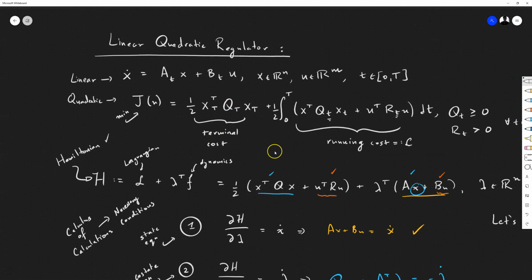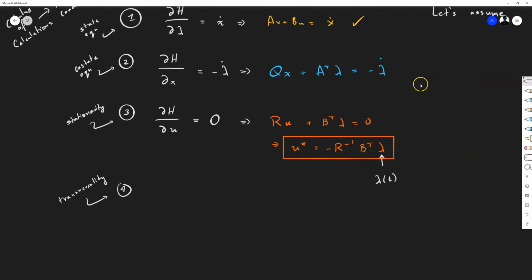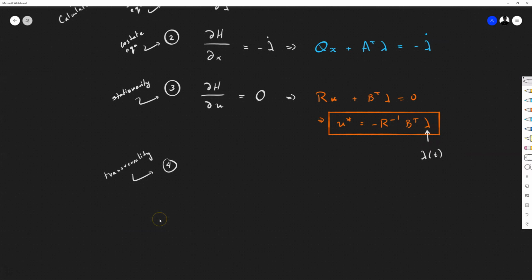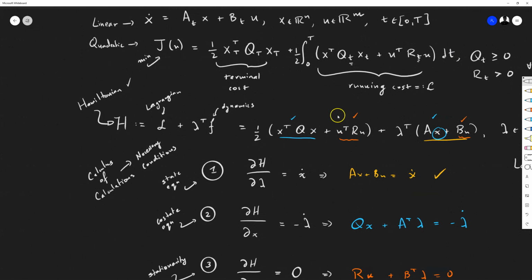Since we have this terminal cost, we have an extra condition, which is called the transversality conditions, and it says that the derivative of the terminal cost, phi, I'll call it, with respect to the state evaluated at the final time is equal to the co-state at the final time. And what is phi here?